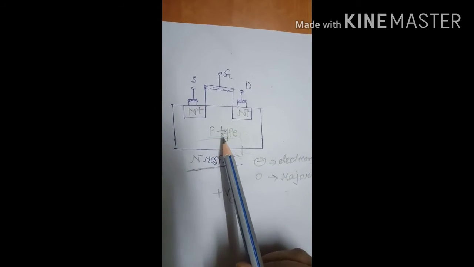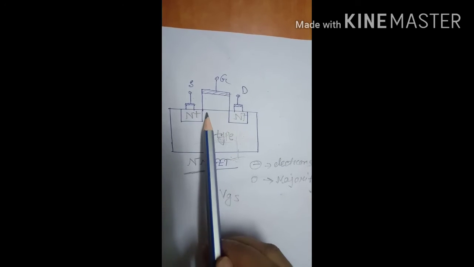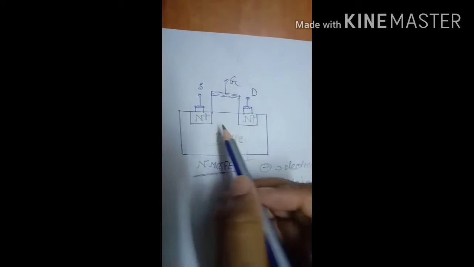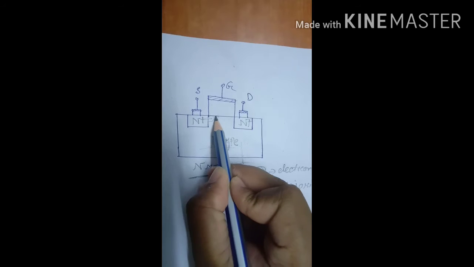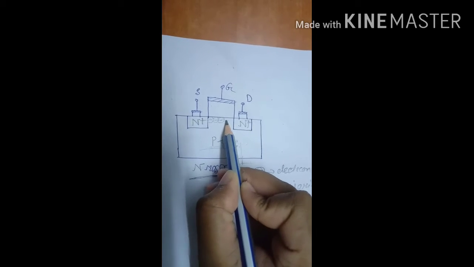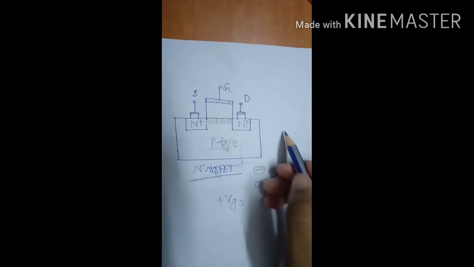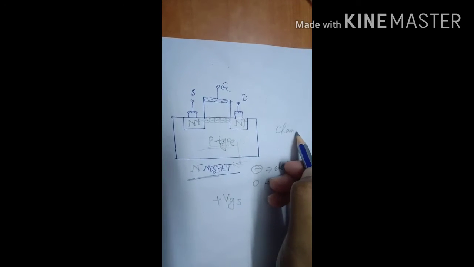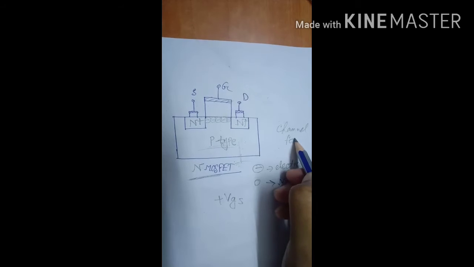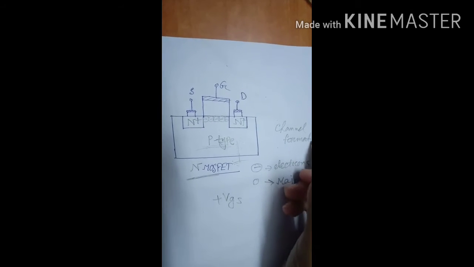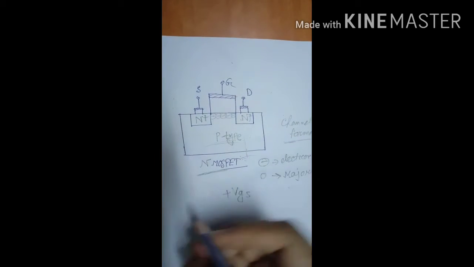So in this case, what will happen? Under the gate region, there will form a channel, negative channel, electron channel, right? So this is called the channel formation. Now, what do you mean by threshold voltage?